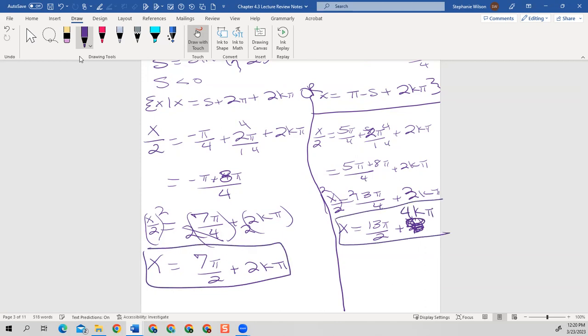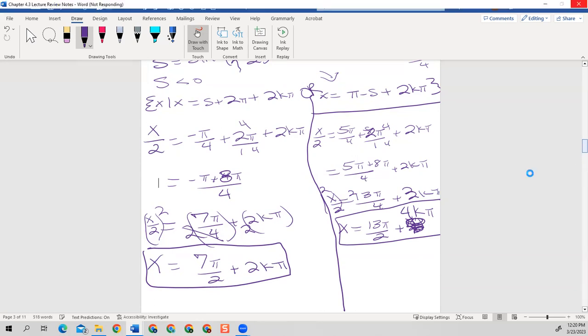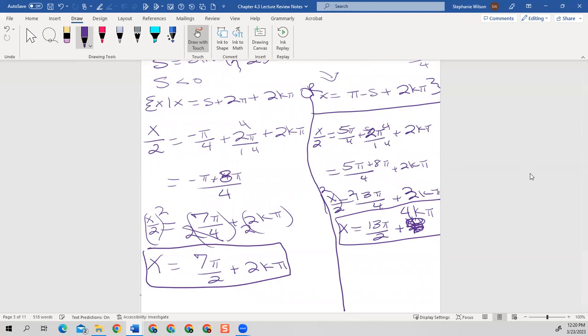So, all right. We got our small values here going on. Let's find this other side, the OR part. So the OR part says we got pi minus that. So I have x over 2 is equal to pi minus, we can say that negative pi over 4 plus 2k pi.